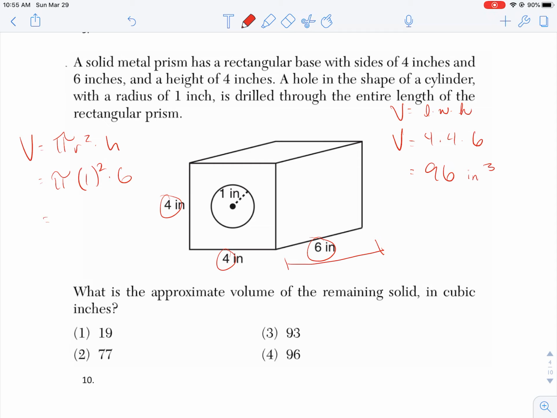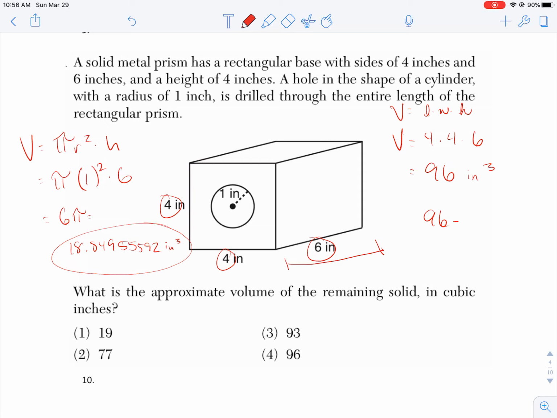We multiply that out, well, 1 squared is just 1, so you're going to get 6 pi, which is 18.849555592 inches cubed.